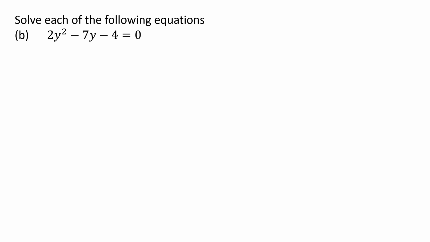All right, let's look at the next question. First of all, look at the constant negative 4. So what are the factors of negative 4? Negative 4 is equivalent to negative 4 times 1, negative 1 times 4, negative 2 times 2, or 2 times bracket negative 2.